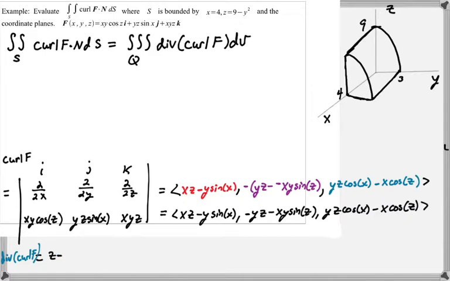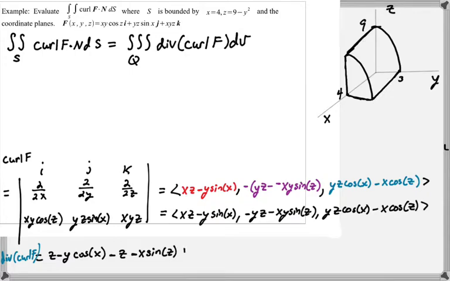So take the derivative of xz minus y sine of x with respect to x. That's going to be z minus y cosine of x. And then the j component, we're going to take the derivative with respect to y, which is going to give us negative z, and minus x sine of z.